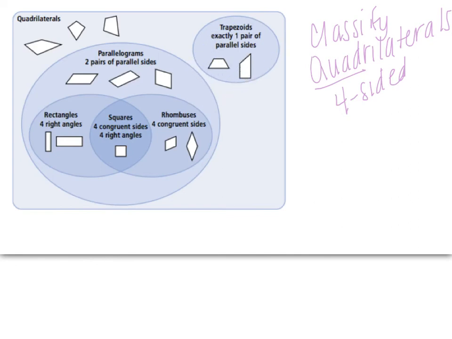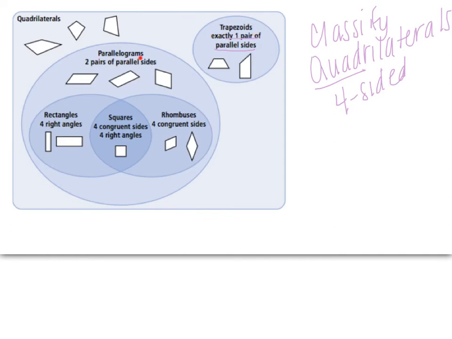A trapezoid is going to have one pair of parallel sides. So you'll notice here in the diagram that they give you that we have a set of parallel lines right here, top and bottom, and on this figure they're on the side. So if you see any figure that has at least one pair of parallel sides, it is called a trapezoid.